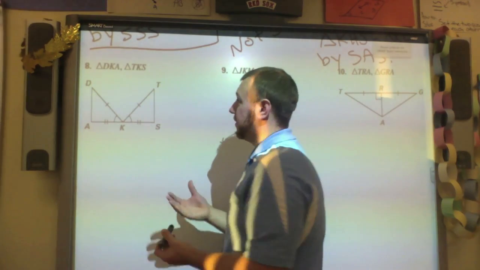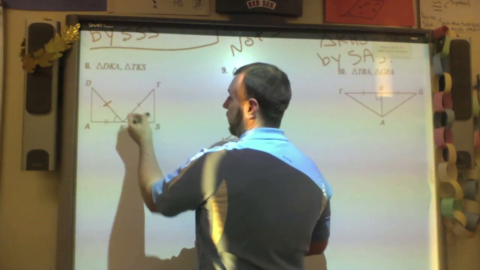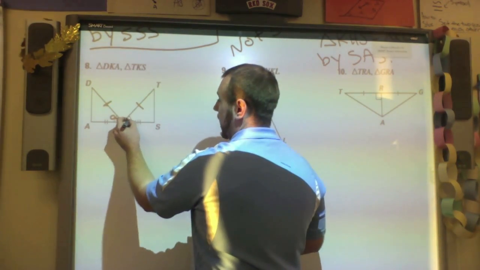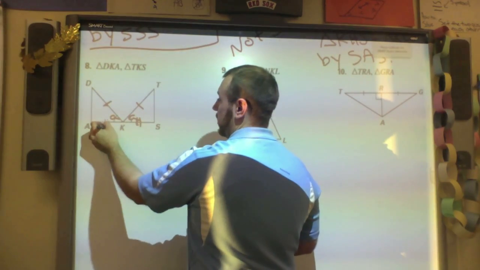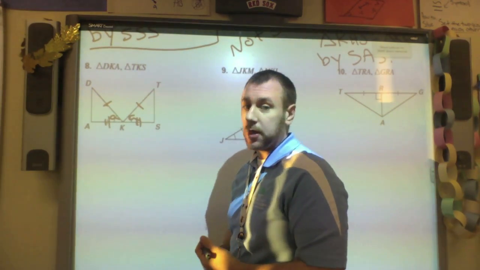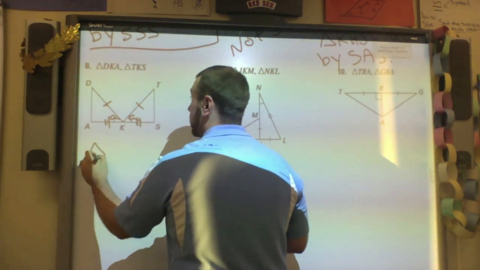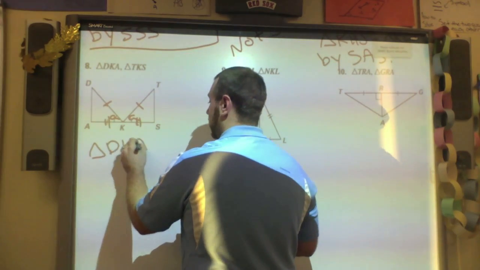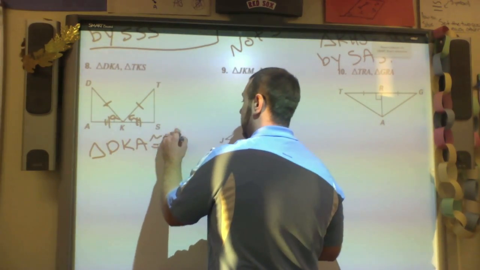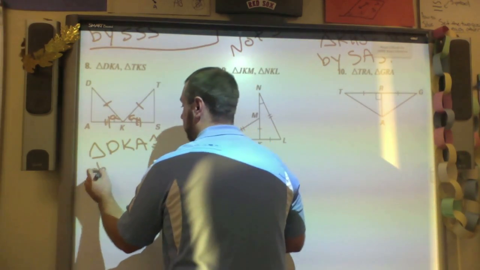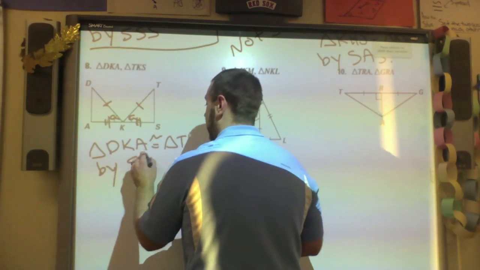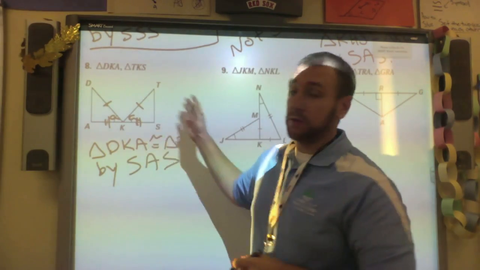Deciding, okay, do I have enough information? I have those two sides, I have the angle in between, and then those two congruent marks. So, triangle DKA is congruent to triangle TKS by side, angle, side, because I don't know that third side.